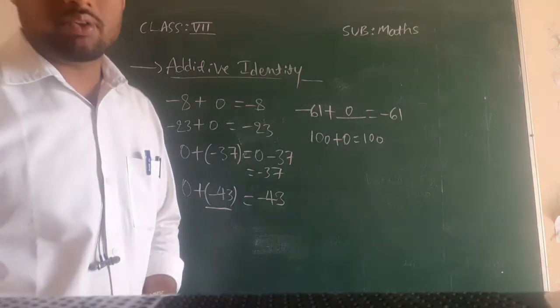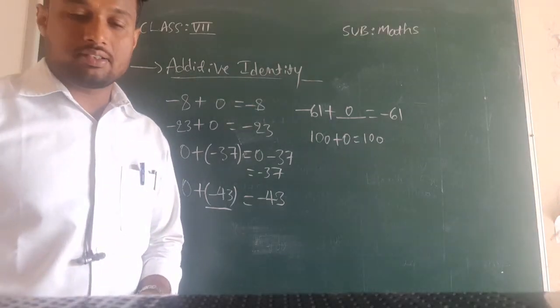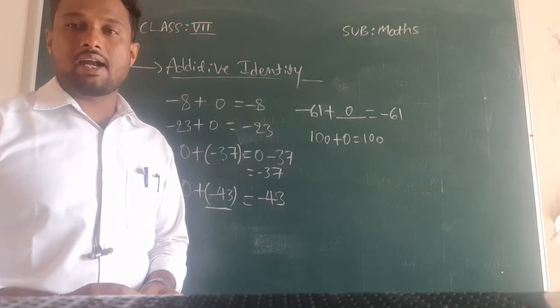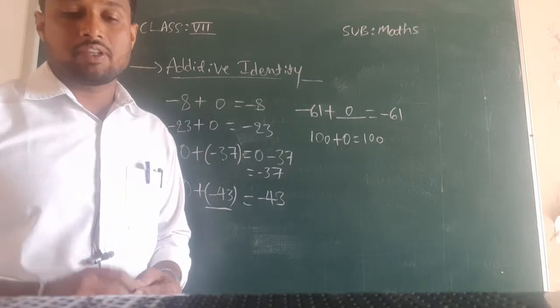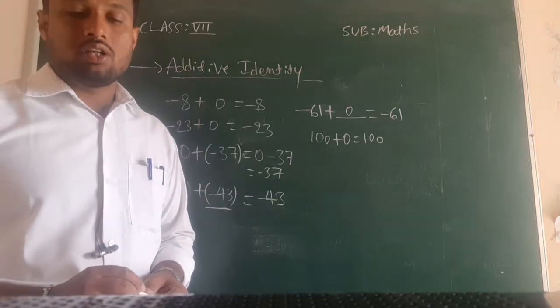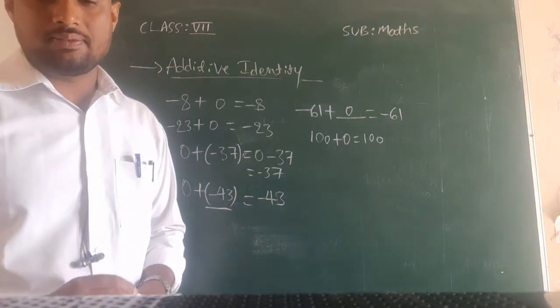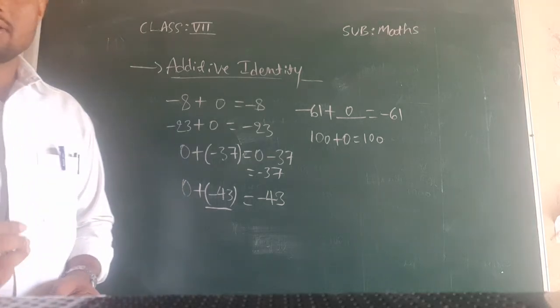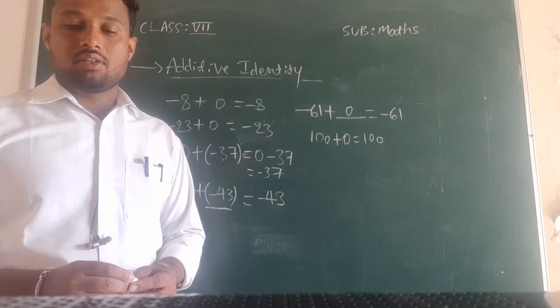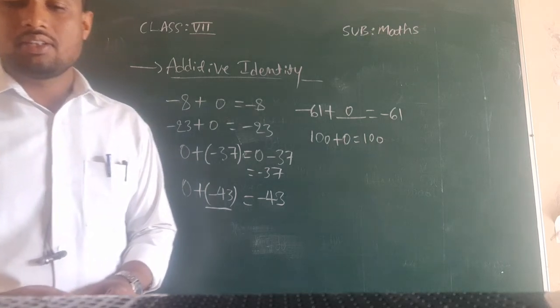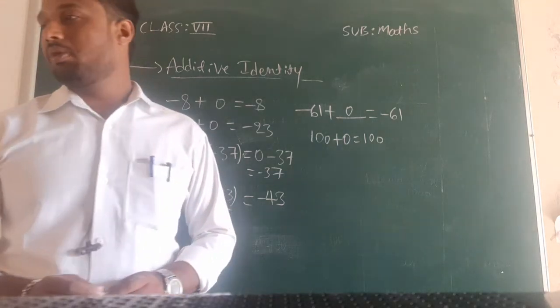Below this example you have to write this: when you add 0 to any integer, we get the same integer number.